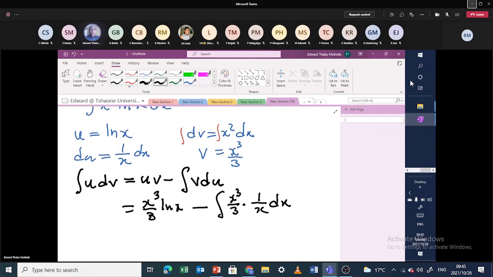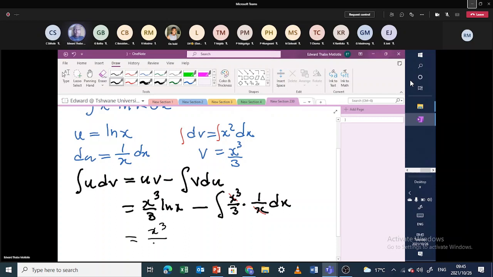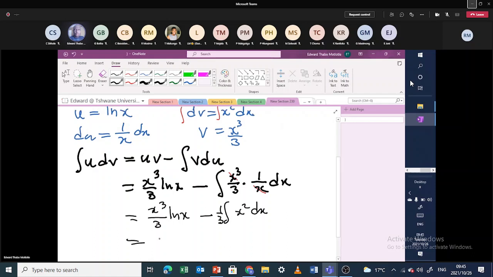So here we can see we have like terms. This will cancel with that one. We have x squared over 3. So this becomes x to the power 3 over 3 ln x minus the integral of 1 over 3 x squared dx. Now integrating again, x to the power 3 over 3 ln x minus 1 over 3 multiplied by x to the power 3 over 3 plus c.